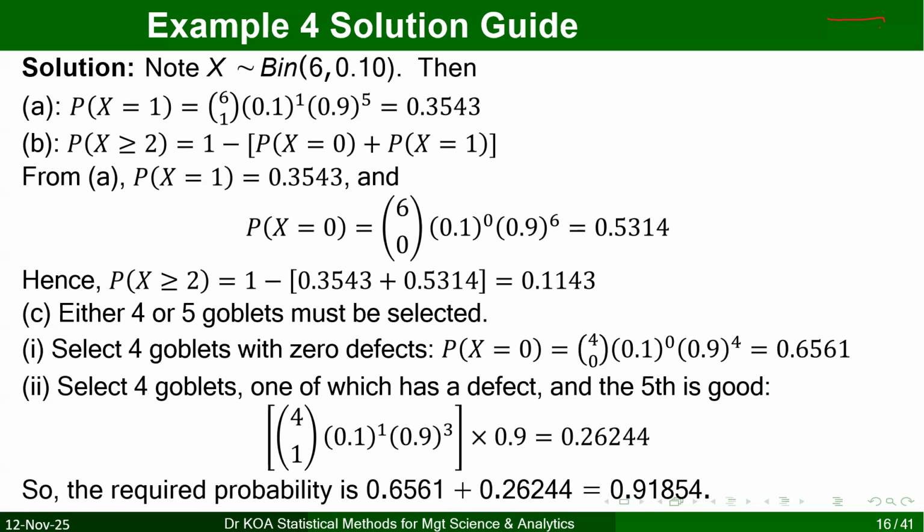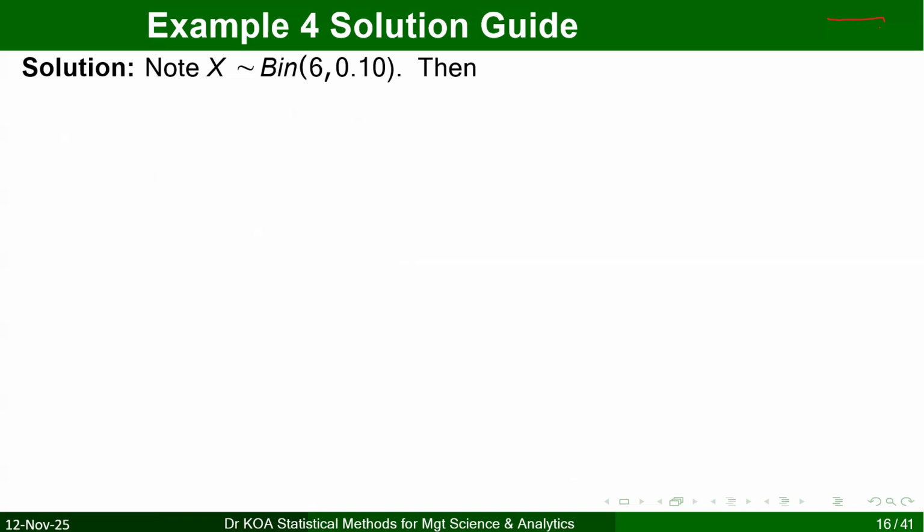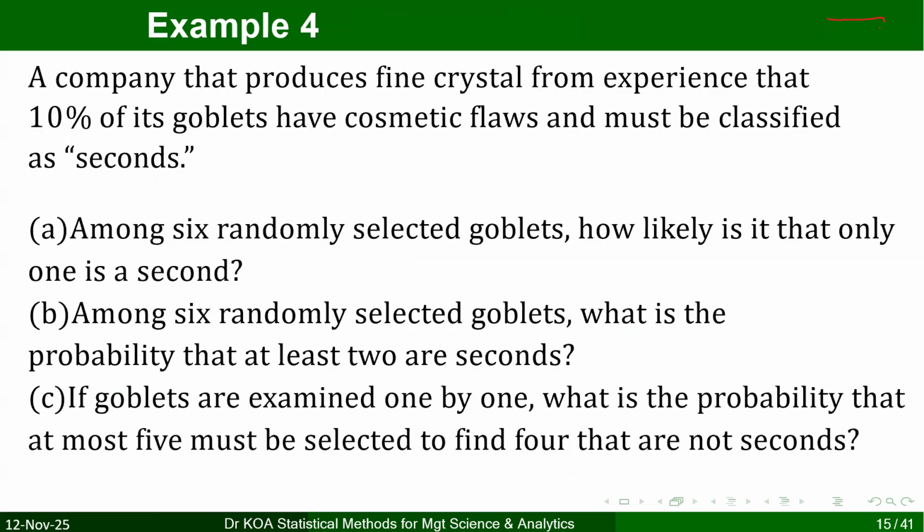So the probability of 4 seconds is 4. Let me go to the question again. At most 5 must be selected to find 4 that are not seconds. But watch it. It says that if goblets are examined one by one. So if I'm examining them one by one, I will have to examine them from 0 to what number?